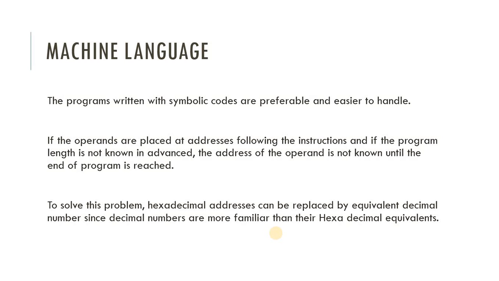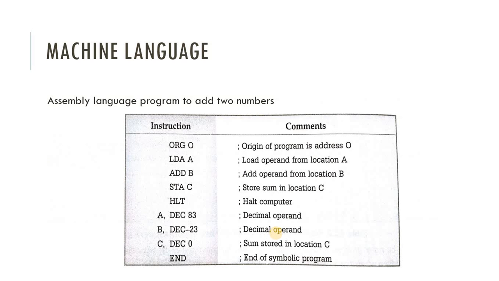To solve this problem, hexadecimal addresses can be replaced by equivalent decimal numbers, since decimal numbers are more familiar than hexadecimal equivalents. So we can write that symbolic representation as an assembly-level program to add these two numbers, which is quite easy compared to the symbolic notation.